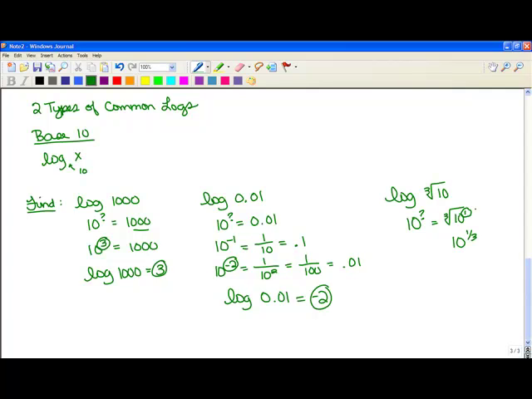It's always the power over the root. So in order for these to be equal, notice we have the same bases. Therefore, the powers must be the same. So the question mark must be the same power of 1/3. So this logarithm with a cube root of 10 will equal 1/3.